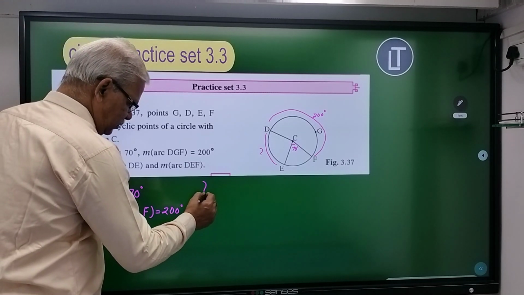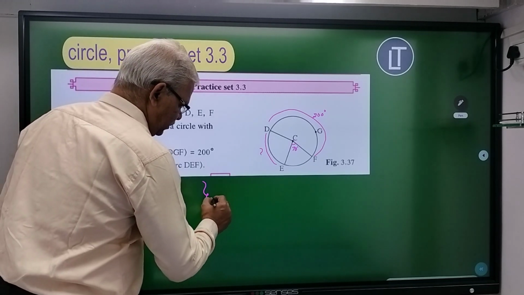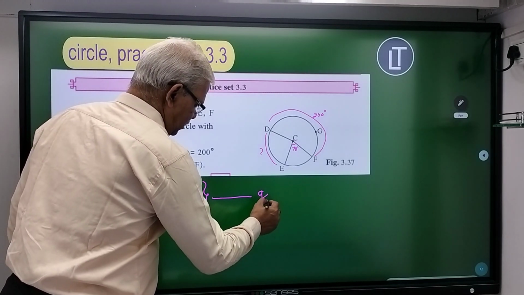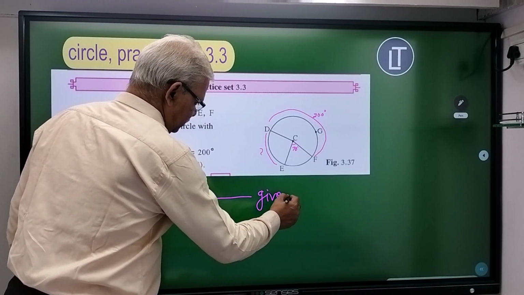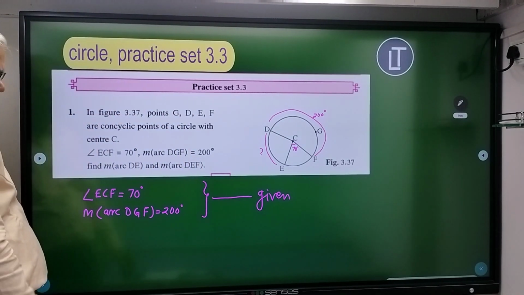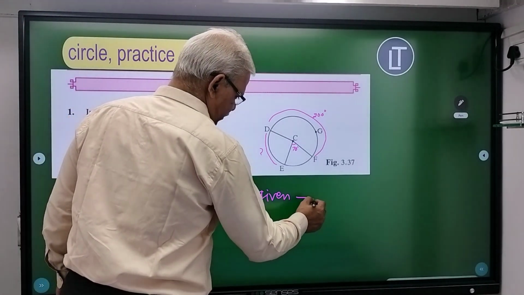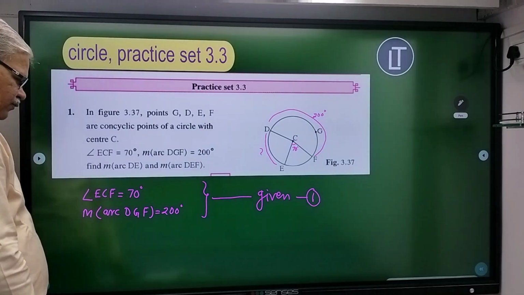These are the things given. Right, here this is given. Okay, and we put this as equation 1.